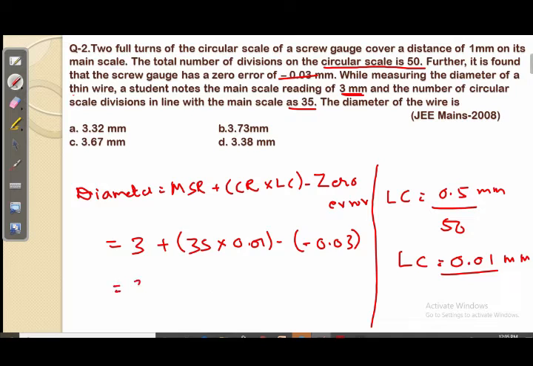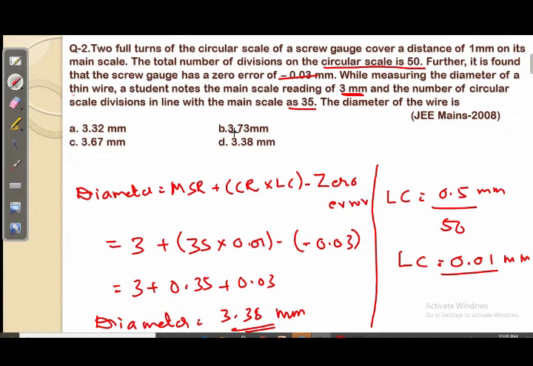That becomes 3 plus 0.35 minus of minus, that is plus 0.03. If you add all these quantities, the diameter of the wire becomes 3.38 millimeter. This is the final answer. So option D, that is 3.38 millimeter, is the correct option for this question.